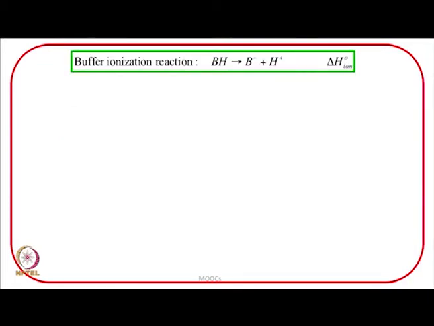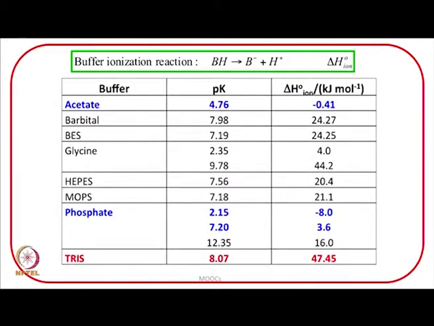So let us take a look at the ionization enthalpies of a few buffers in this table. How do we decide which buffer we need to choose?